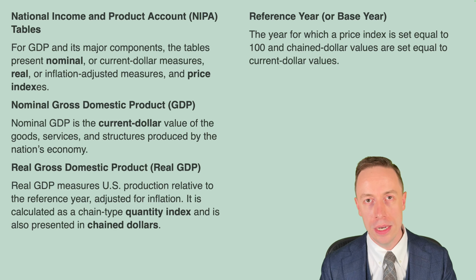So for example, for 2021, our reference number is now 109. That means there is 9% more production than in 2017. This number rises to a little over 111 in the year 2022. The change between these two numbers, take out your calculator, is about 1.9%.